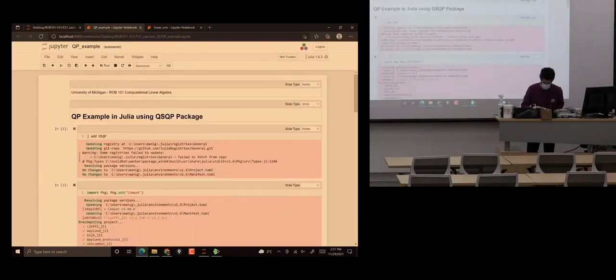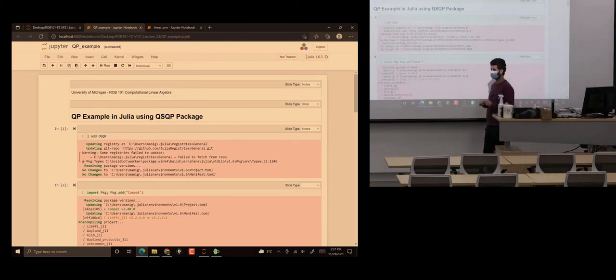Now, the first notebook that I prepared for you is just to practice with QP. There's a really nice QP solver in Julia called Operator Splitting Quadratic Programming, OSQP. So I'm including this.